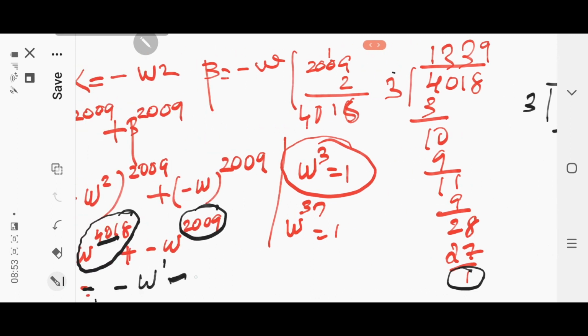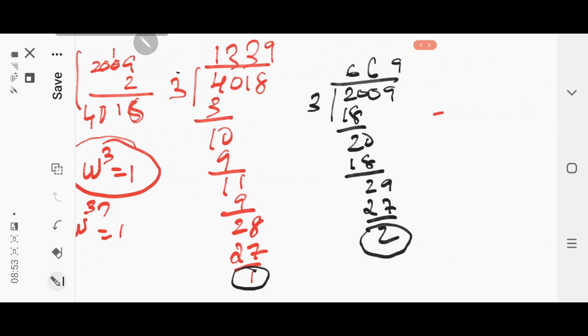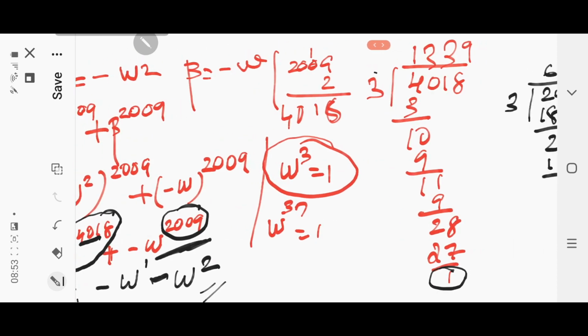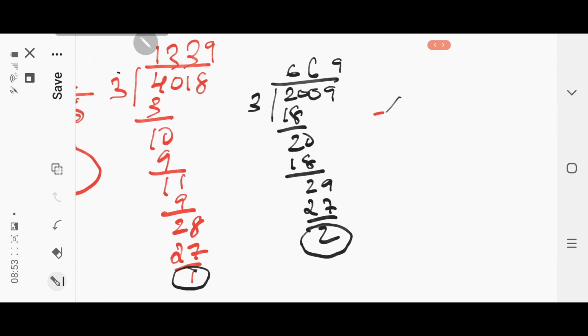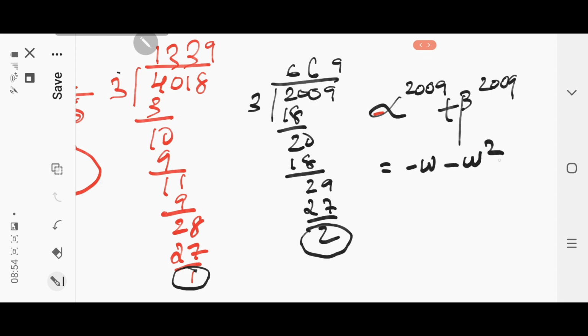Therefore, you can write minus omega raised to 2009 as minus omega square. You got it? Then what is the answer? Therefore, alpha raised to 2009 plus beta raised to 2009 is minus omega minus omega square.